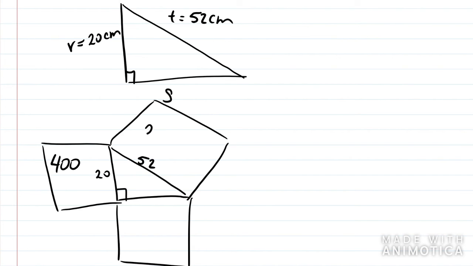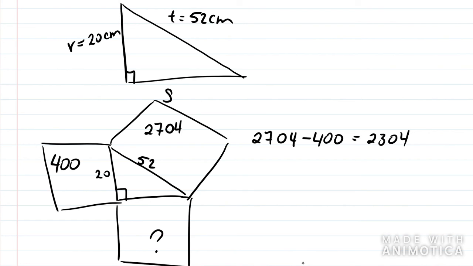This one's going to be a huge number of 2,704. And then again, we're not sure about this one. So because we have the biggest square, we need to subtract. 2,704 minus our 400 gives us 2,304.